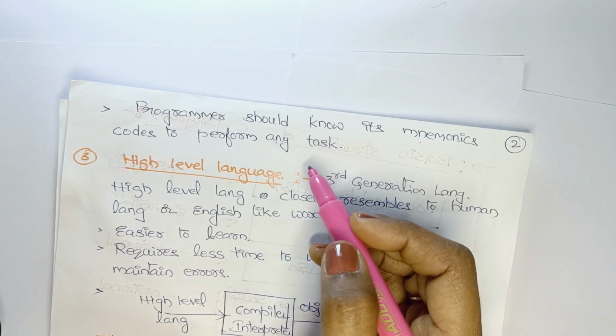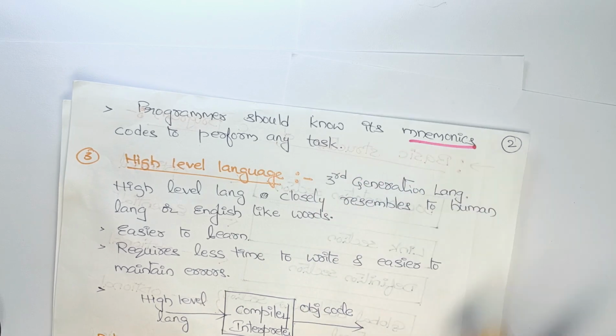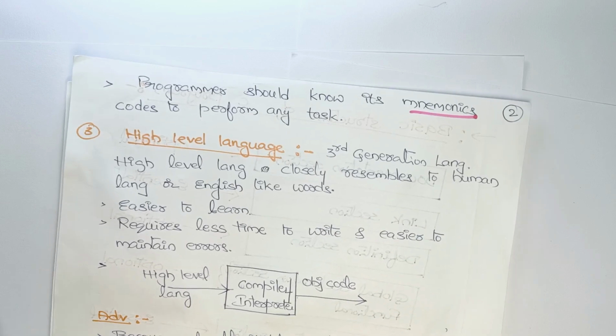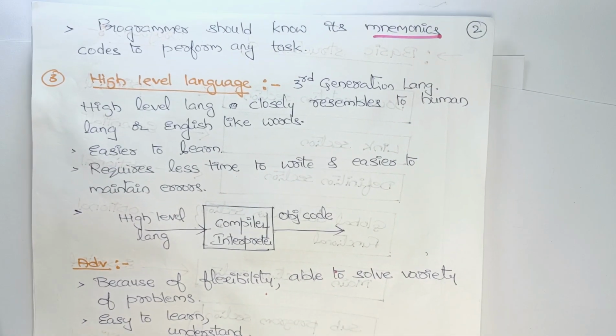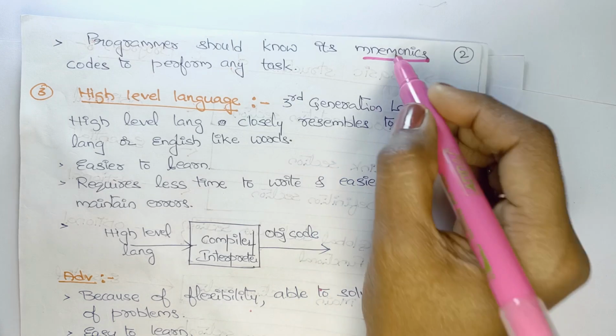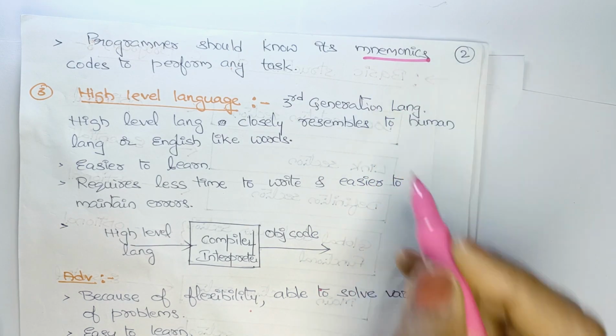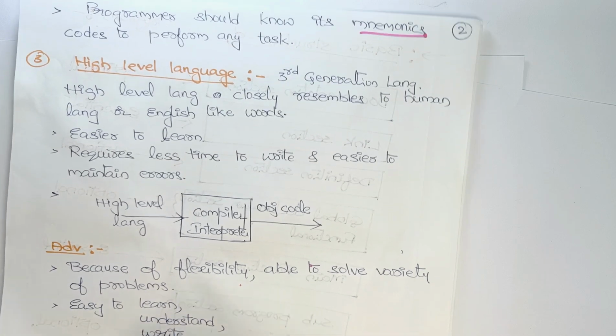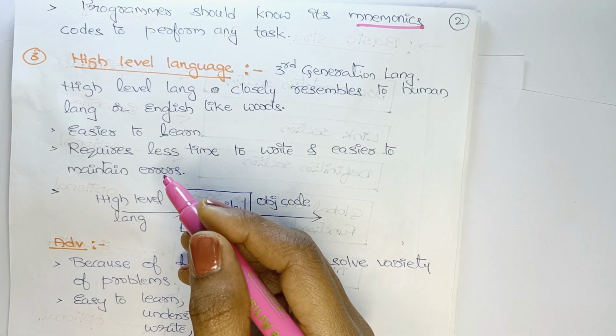The programmer should remember all the mnemonics to perform any particular task. For example, if you want to multiply two numbers, he needs to know the multiplication mnemonic. So remembering all those mnemonics is a little bit difficult. This is about assembly language.